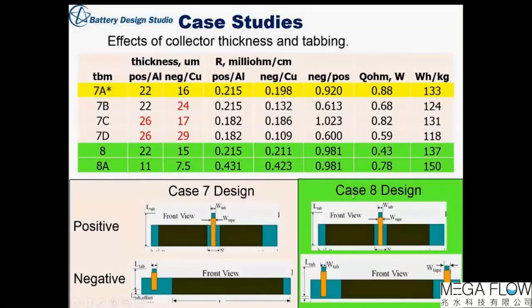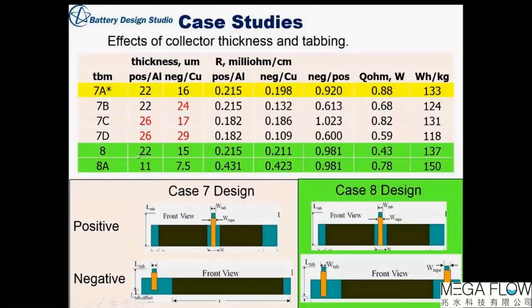Now, another thing we can explore is a different tab design. And so this case 8 tab design here, now we're adding a second tab on the negative electrode. So this would cause some challenges in the manufacture, but we can at least evaluate what the benefits would be to see if this is a useful direction to go.